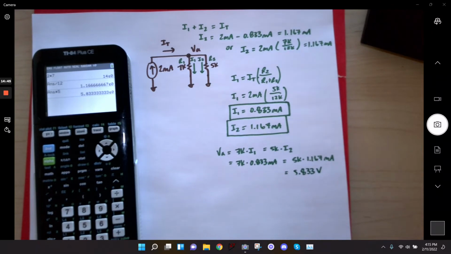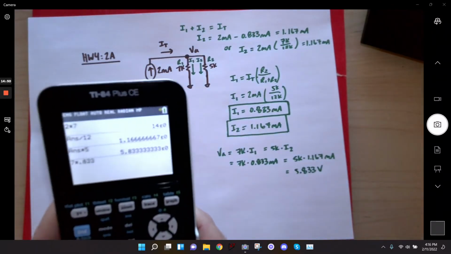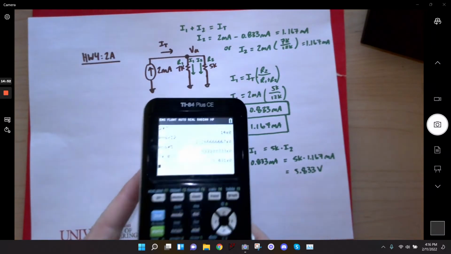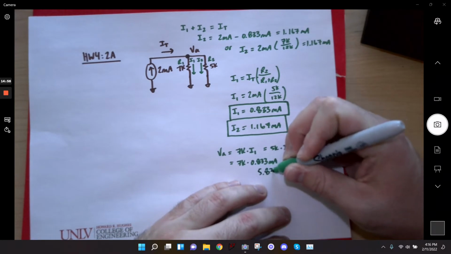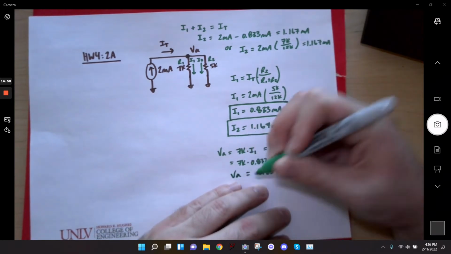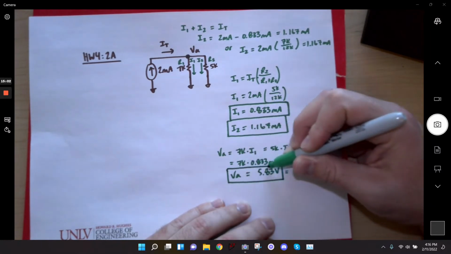Obviously there are some rounding errors, but 7K times 0.833 also gives me 5.83 volts. So they're basically the same, and we know VA is 5.83 volts.